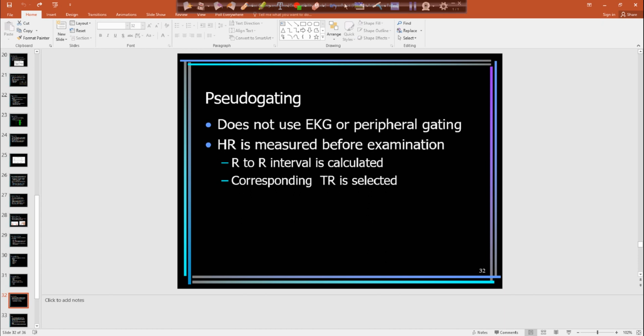So that's why we do these equations, is if your system fails and you need to find out an effective TR where we need to have an adequate available imaging time. This is what pseudo gating is, where we're basically predicting what the TR will be and the available imaging time.